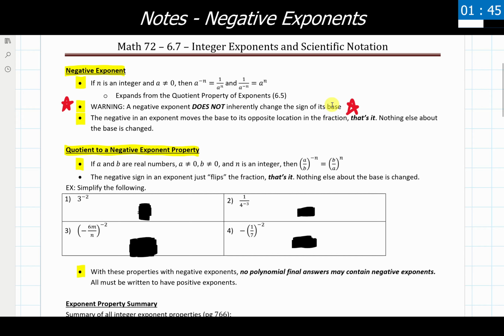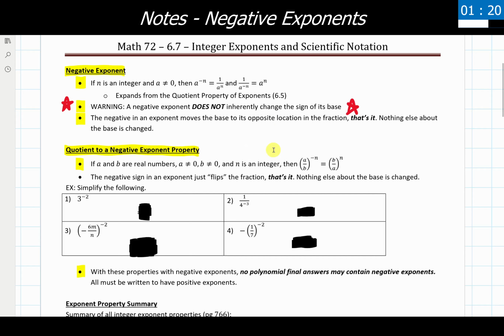A lot of people think that negative exponents automatically change other signs in the problem. It does not do that. It only flips where the base is in the fraction. That's it. We have that quick note right down here as a reminder. So whenever you see a negative exponent, take a pause, and all that negative does is just flip things.